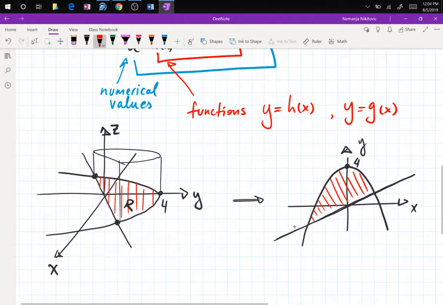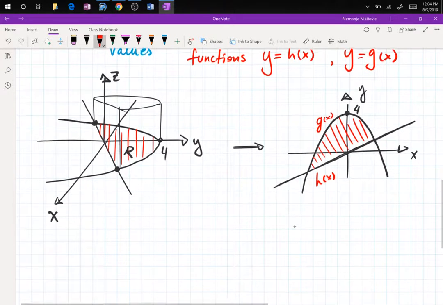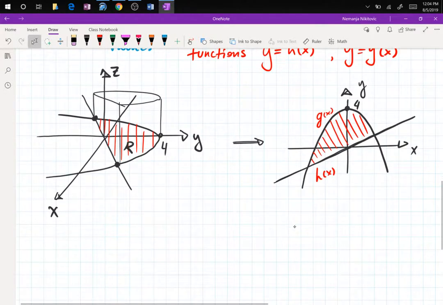So now I have the standard Calculus 2 area between two curves. You have the top function g of x, which is the parabola, and the bottom function h of x, which is the straight line. Further, these intersect here and here.